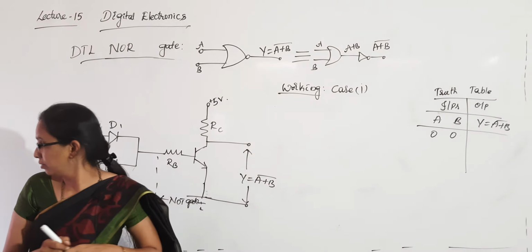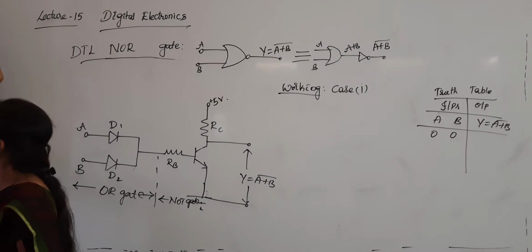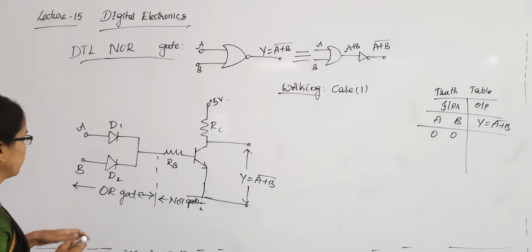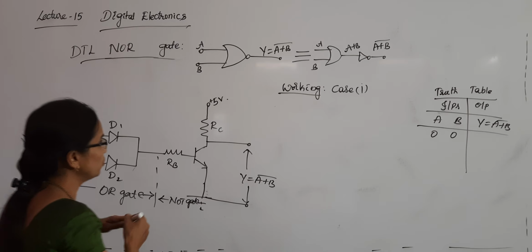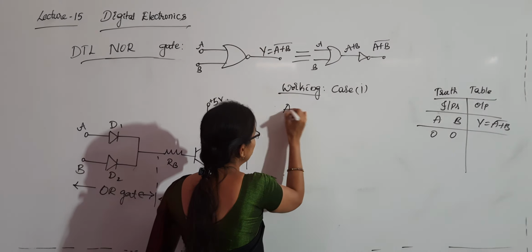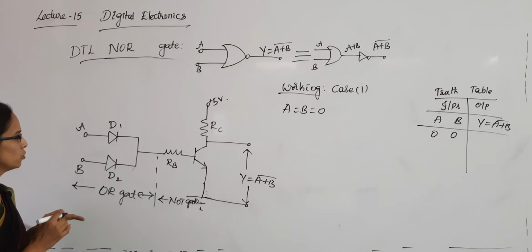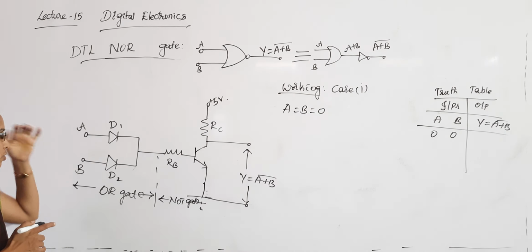What happens in case 1, when A is equal to B is equal to 0?